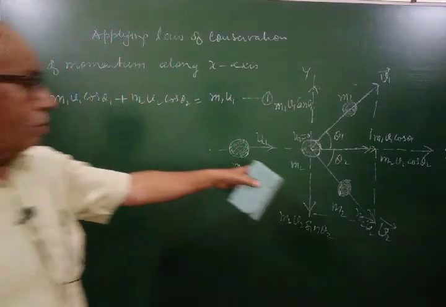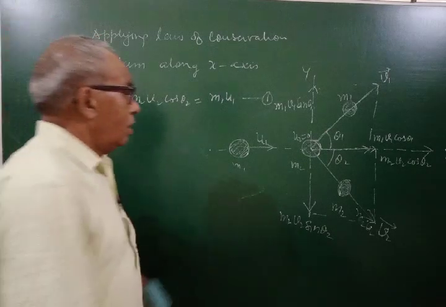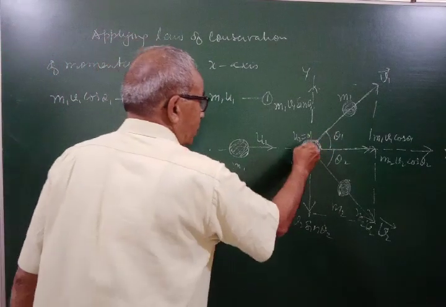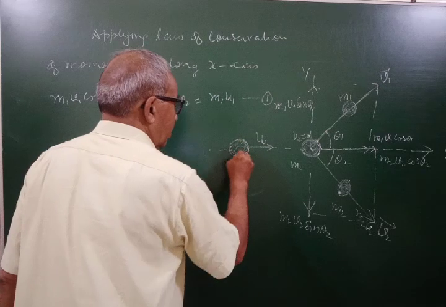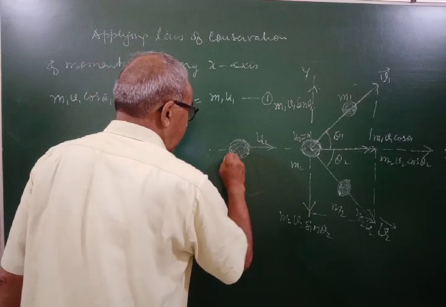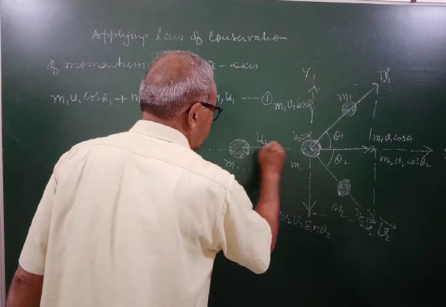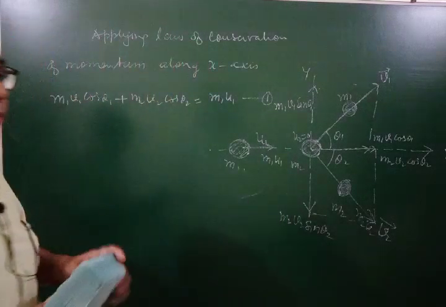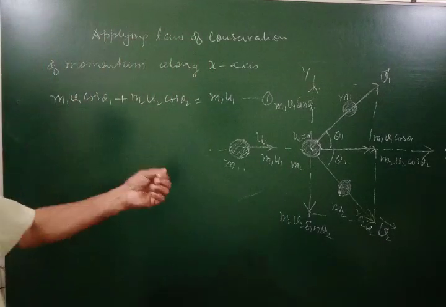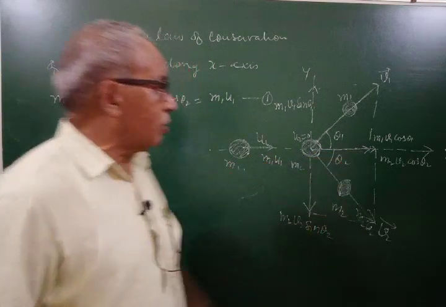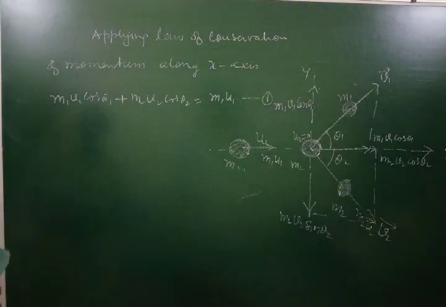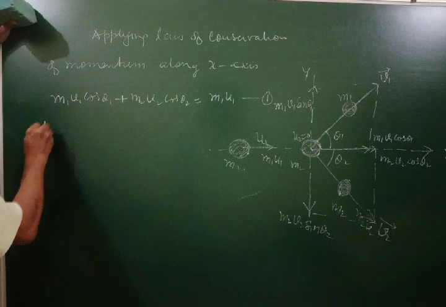Before collision, m2 is at rest, which has momentum 0. It has momentum only m1 u1, the momentum of this body. Remember, momentum is a vector quantity. By the way, here these are in the same direction, so we have added. This is equation 1.